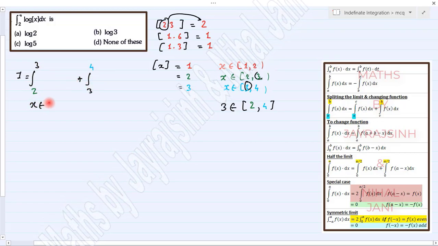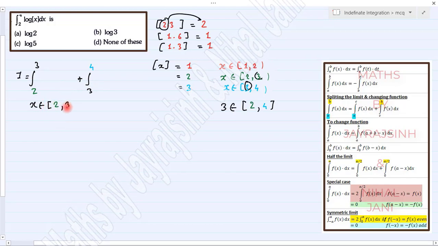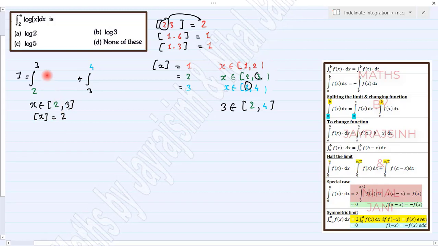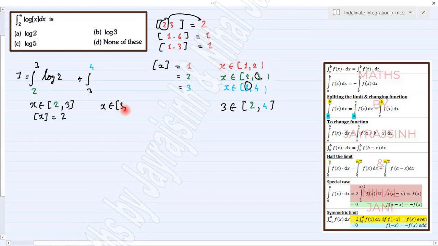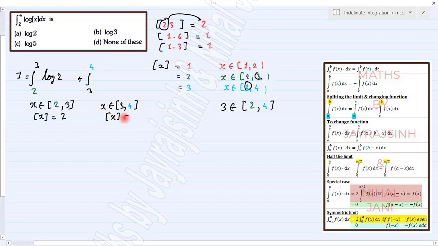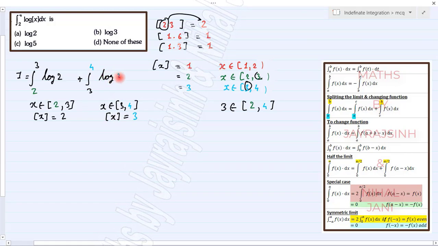For x belongs to 2 to 3, your box x will be 2. So your log box x will be log 2. Similarly, for x belongs to 3 to 4, your box x will be 3. So log box x will be log 3.